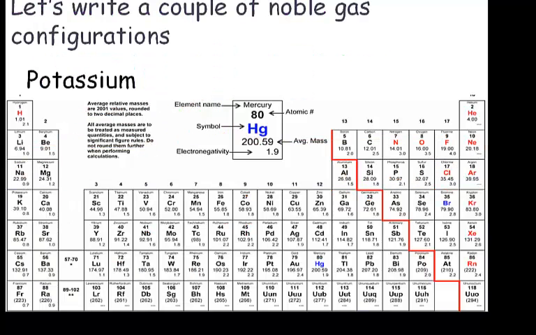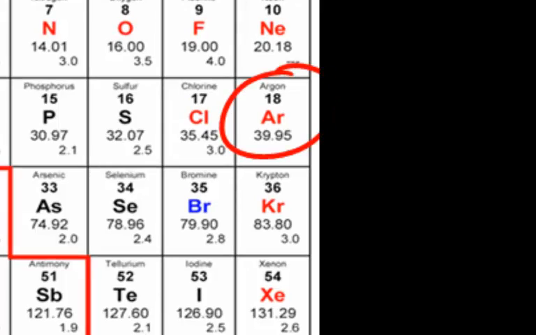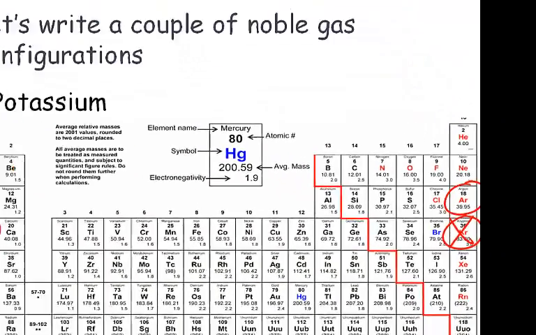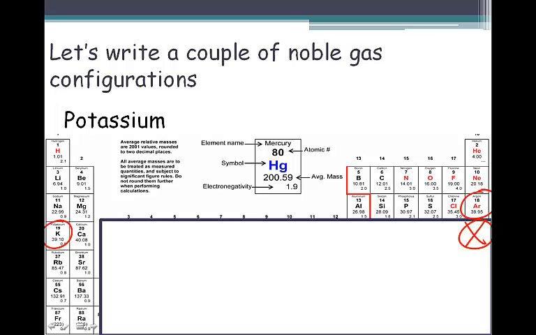If we take a look at potassium, potassium is element number 19. The closest noble gases are argon and krypton. Krypton has 36 electrons, way more than the 19 of potassium. So that means that argon is going to be our noble gas in brackets.